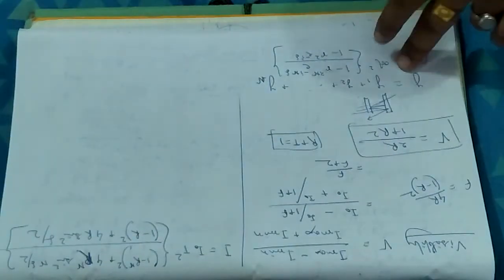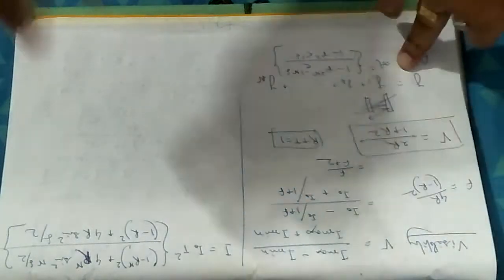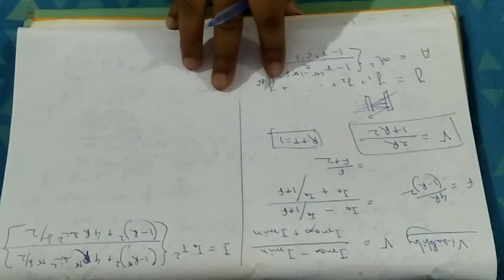This one. So you can see for a finite number of rays the calculation is a little different. It is not difficult, it is a little different only.